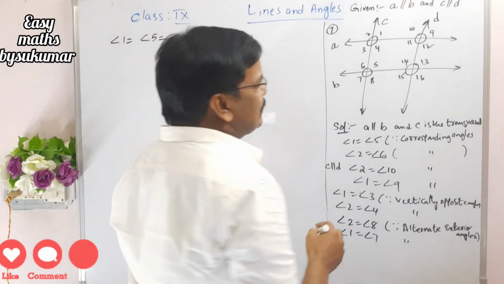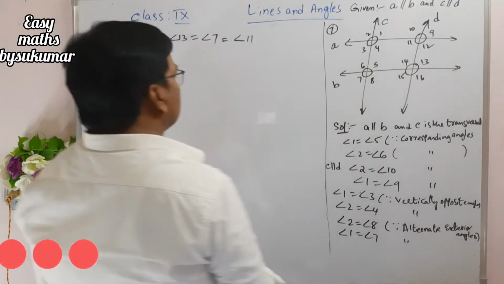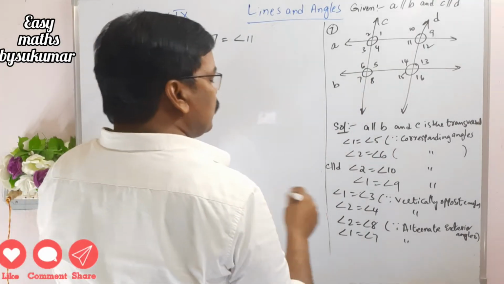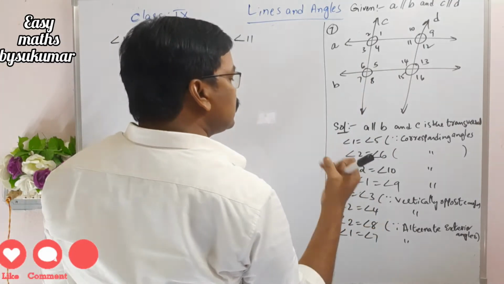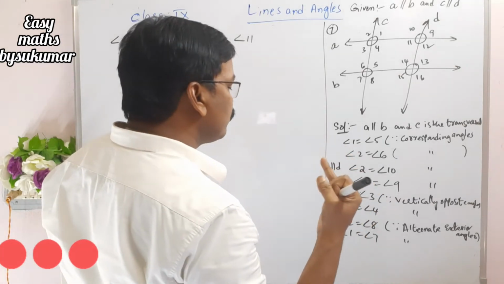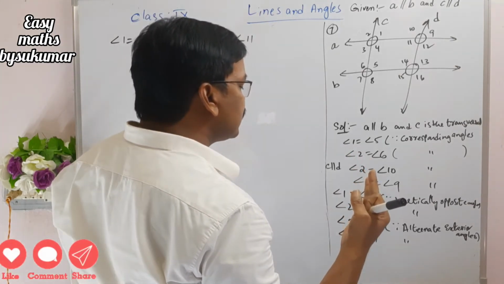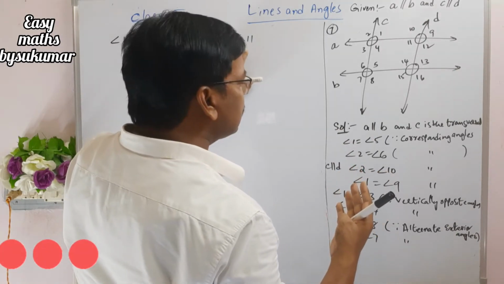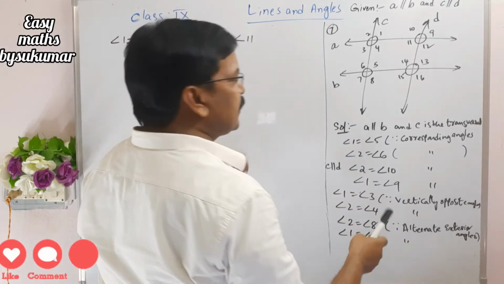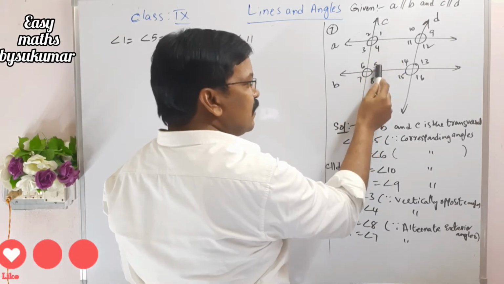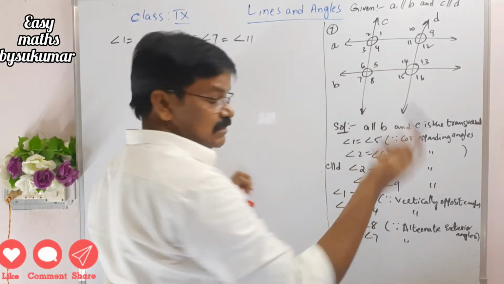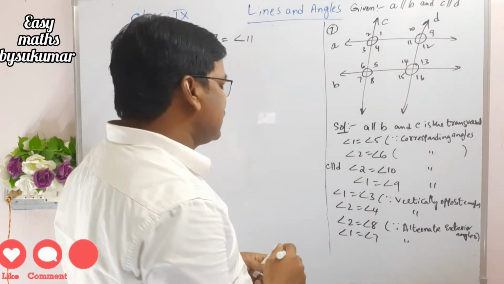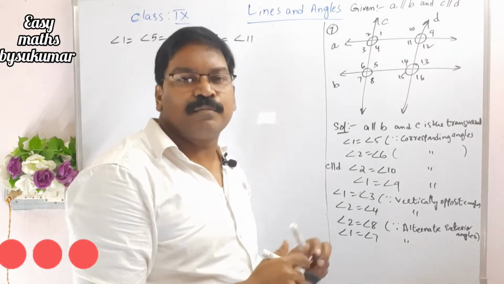And what else here? 1 is equal to 3, 5, 7, 9, 11. Is it equal to 13? Angle 1, angle 5, angle 5, angle 13 also. That means all the odd numbers are equal here.